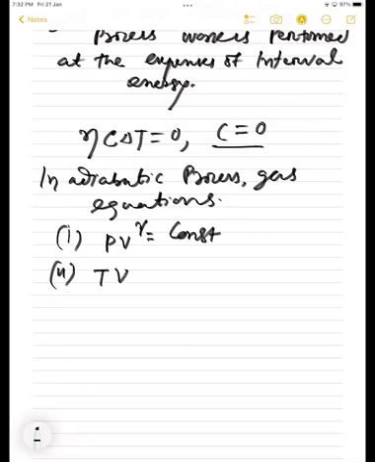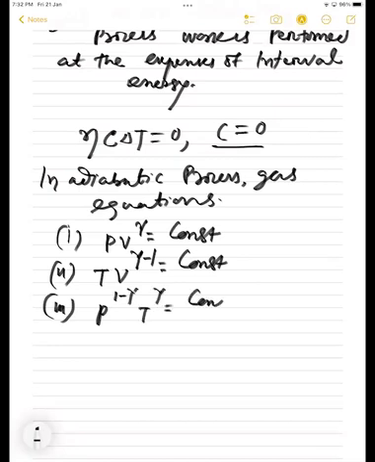Number 2, T V to the power gamma minus 1 is equal to constant, right? Then P to the power 1 minus gamma into T to the power gamma is equal to constant. Correct? And we can see the various graphs for that. And with PVT, the first law of thermodynamics, we can apply and find out all these formulas, students. We can derive all those formulas also.